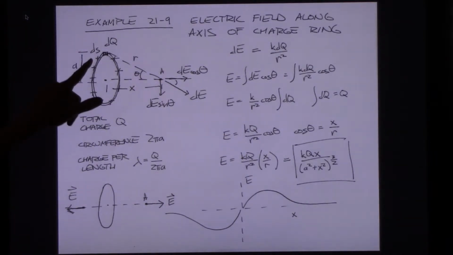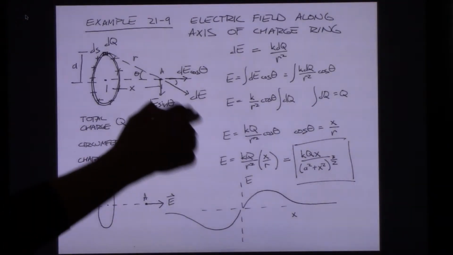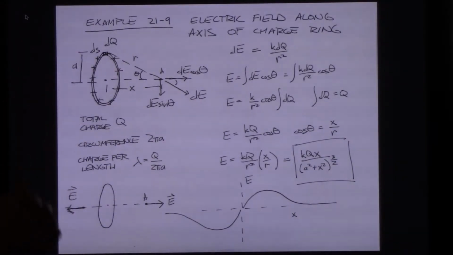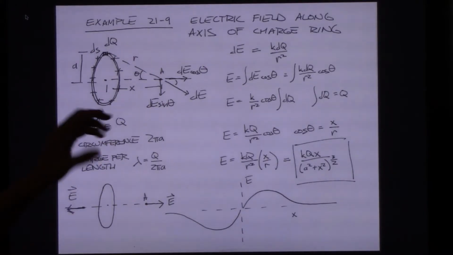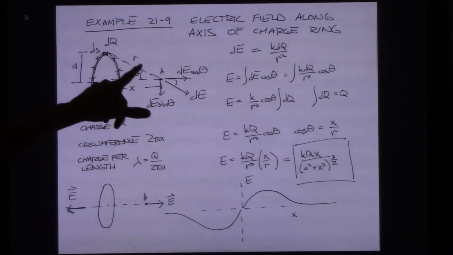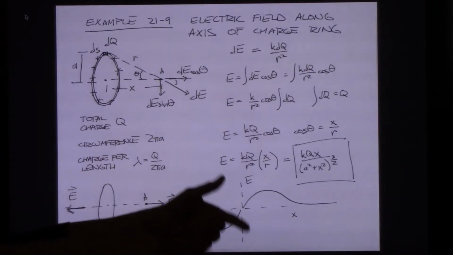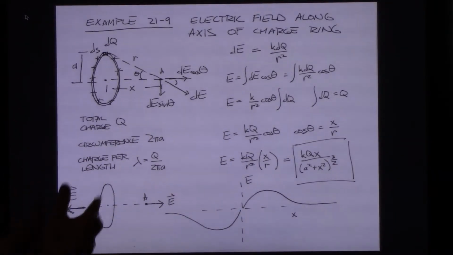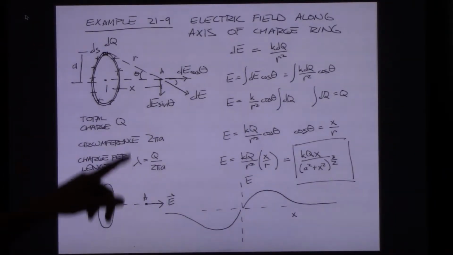It turns out that as we go around that circle, little r is not changing. The distance, even though we have a distribution of charge following this circle, from a point on the axis back to any location on that circle, it's the same value of little r. That's a constant. That actually comes out of the integration. I don't have to integrate that.